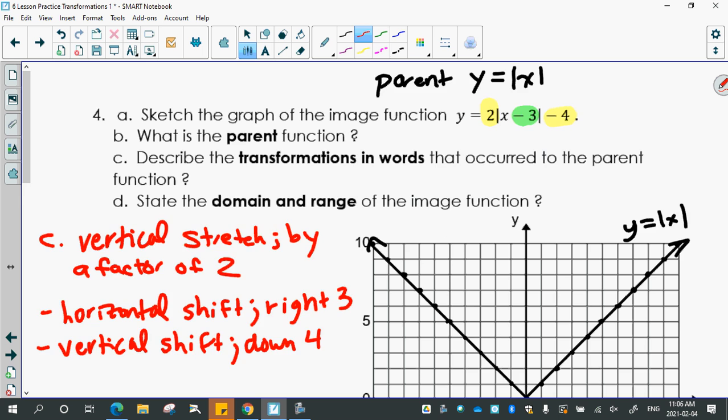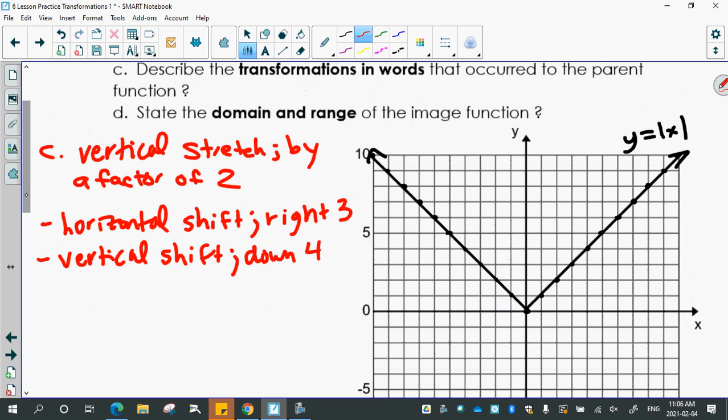Okay. Love this. Okay, so now I've got a vertex for an absolute value function, so I want to move it, so I'm looking for shifts. Okay, and I've got 2 shifts this time. So I'm going to shift my vertex, right 3, and down 4. So there's where my new starting point, or my new vertex is. So I've done my shift to the right, and my shift down 4. Okay?